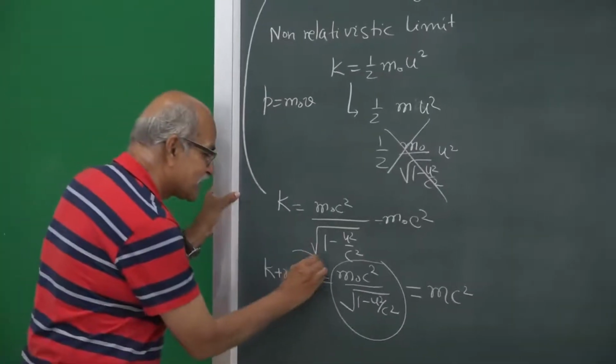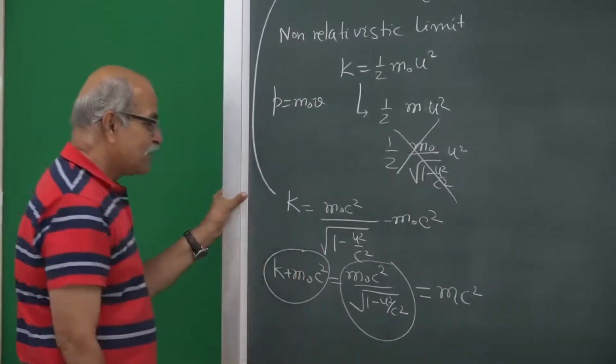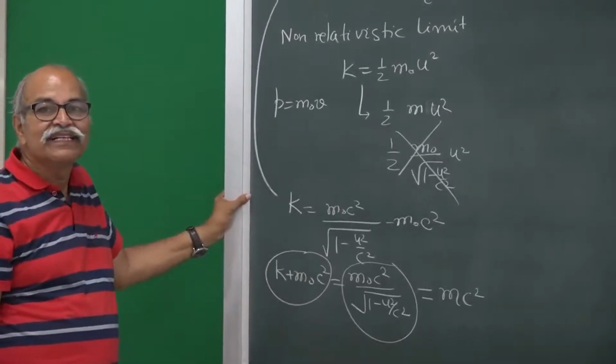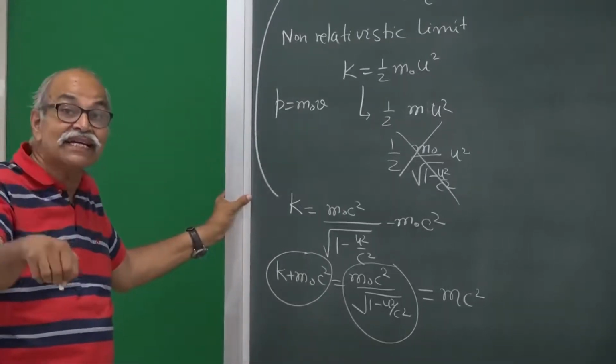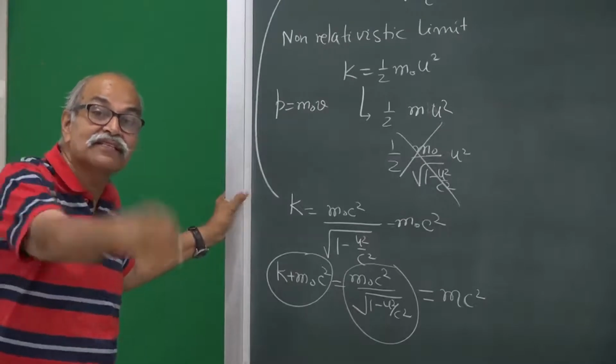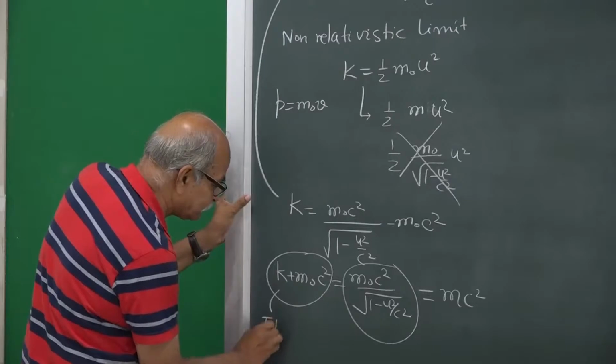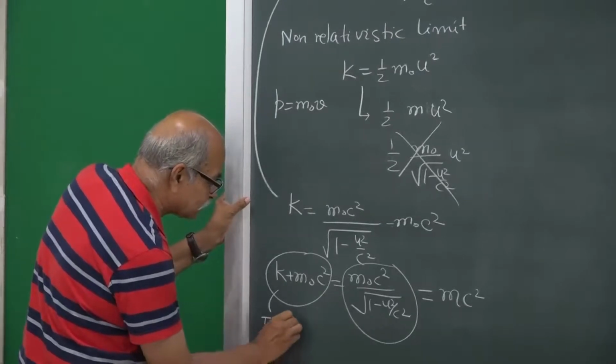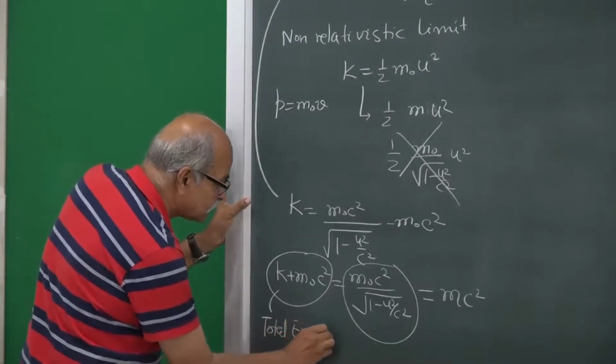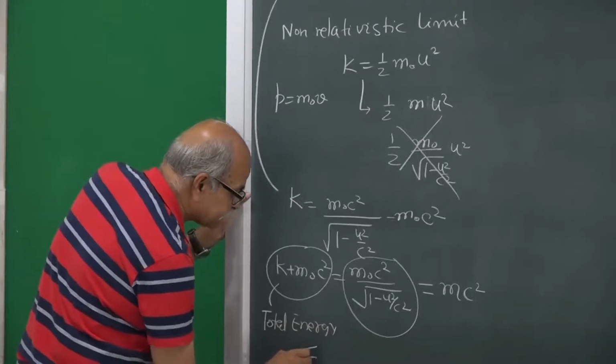And this quantity, kinetic energy plus m naught c square, we define as another physical quantity, we call it total energy, and use the symbol E for this.